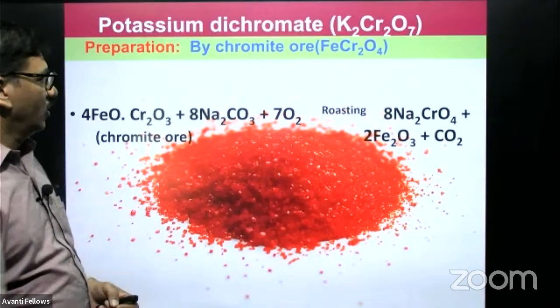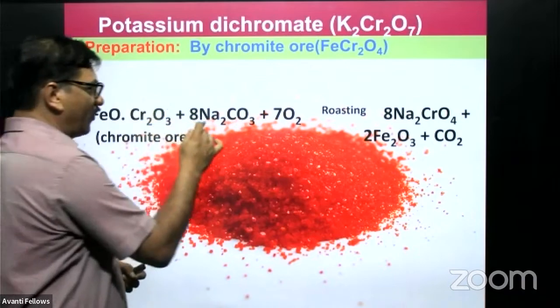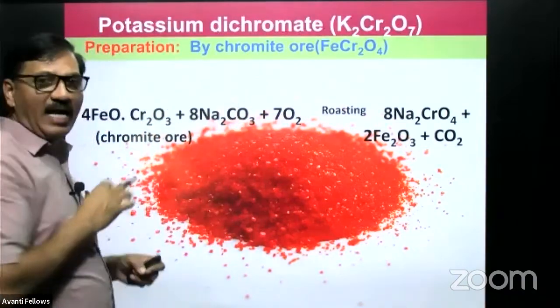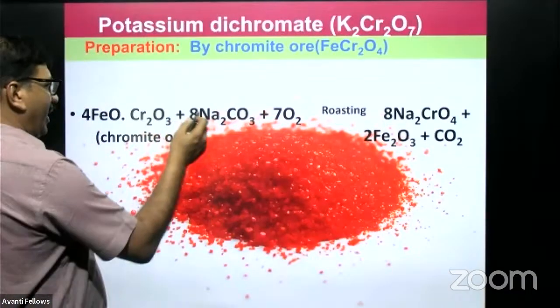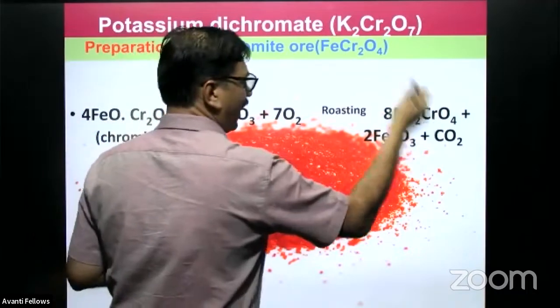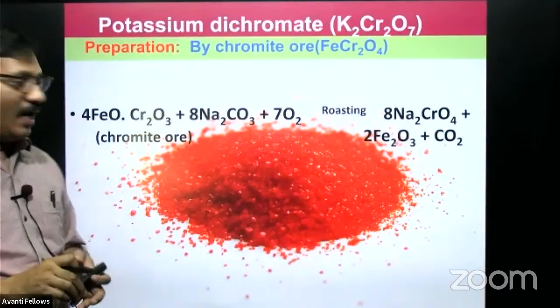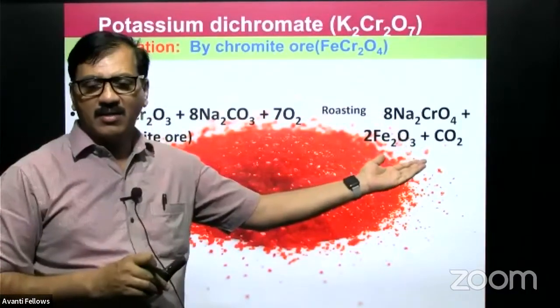This chromite is fused with sodium carbonate and oxygen and heated, roasted. It forms sodium chromate, Na2CrO4. And iron oxide, FeO, is converted into Fe2O3, a higher oxidation state.